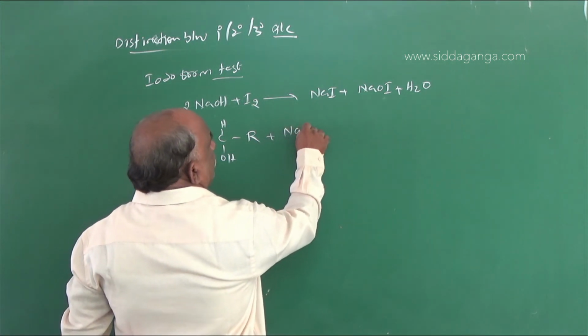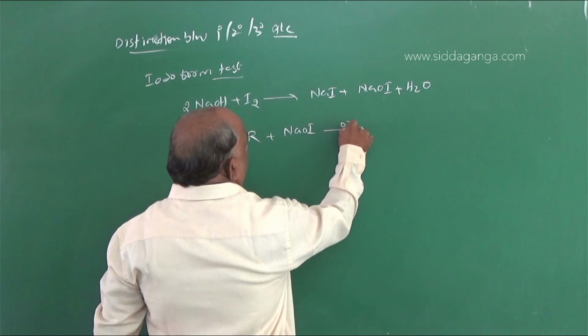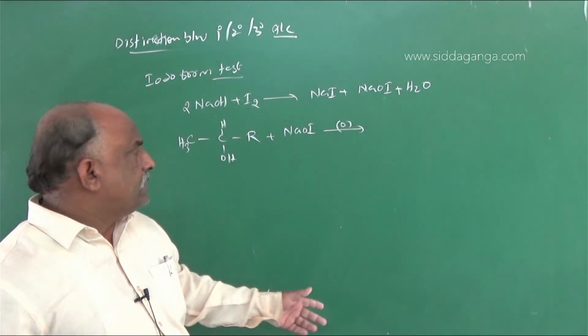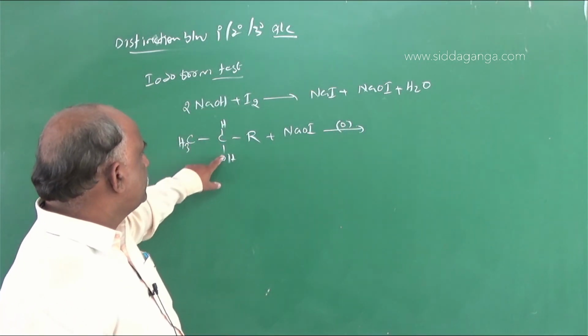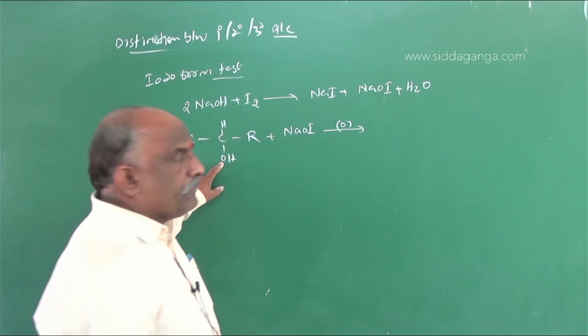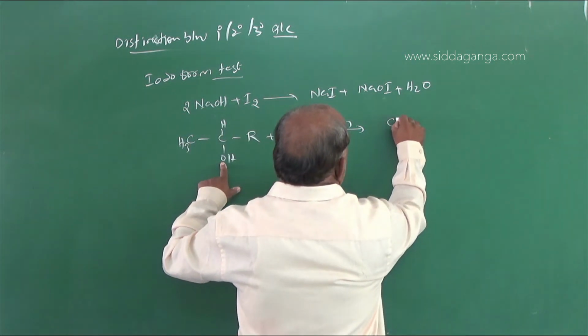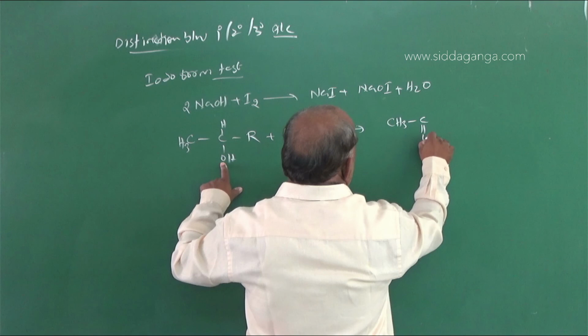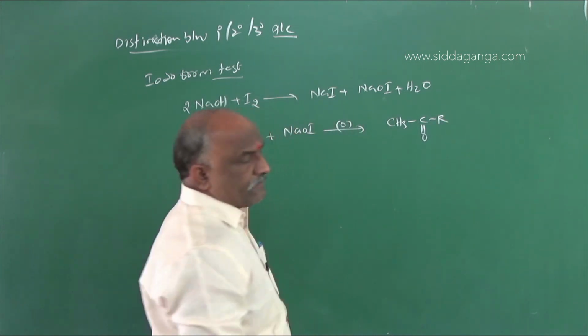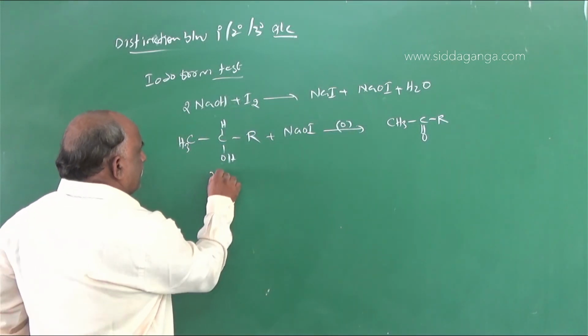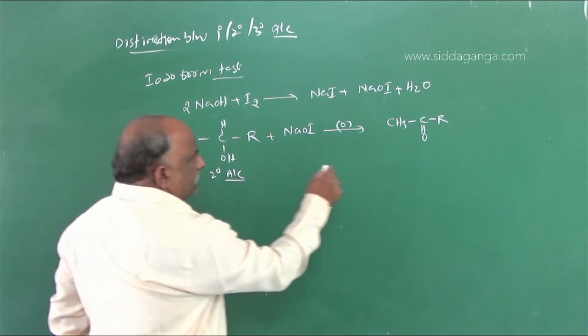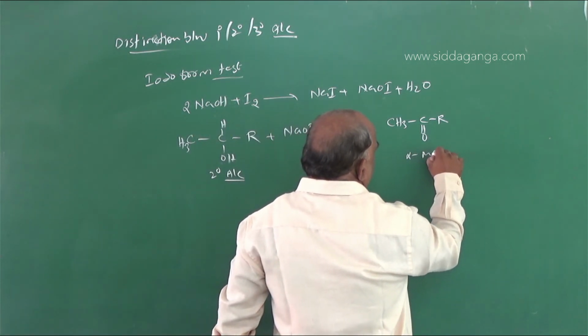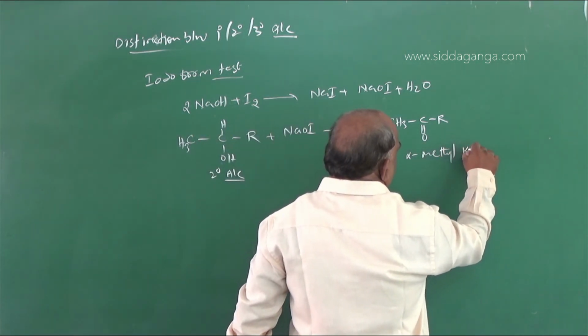The reagent is NaOI. So here oxidation takes place. What happens? Oxidation takes place when this carbon is converted into a ketone functional group. So here we get CH3 single bond C double bond O single bond R. So secondary alcohol is converted into alpha methyl ketone.